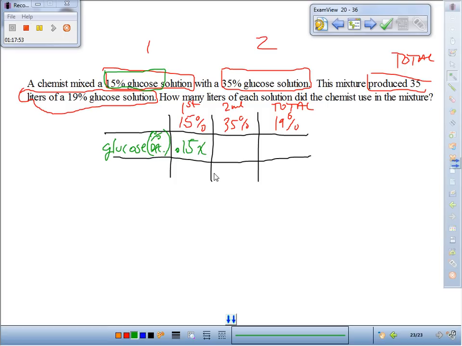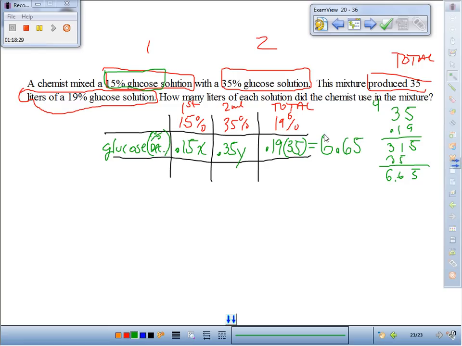No, so we write X. How about this one? 0.35 Y, and this one is 0.19, but this one we know came from 35 liters. So let's multiply. 35 times 0.19, that's 6.65, with 2 decimal places. Are we there?